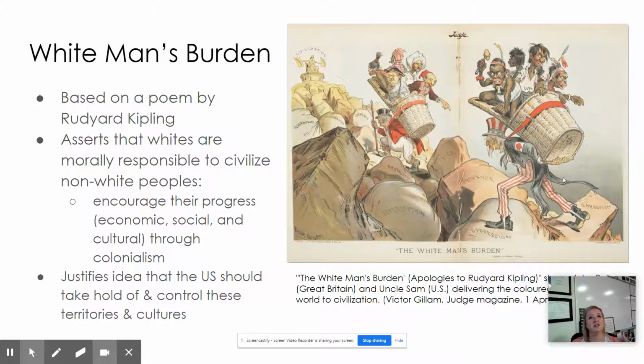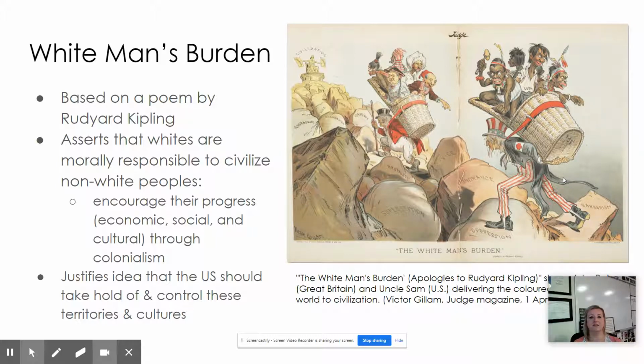And so under social Darwinism, it's pushing a social value onto some other person or group of people. And we often say that this justifies the idea that the United States should take hold of and control these territories and cultures. So I hope you walk away from today's discussion understanding that these are reasons given for expanding.